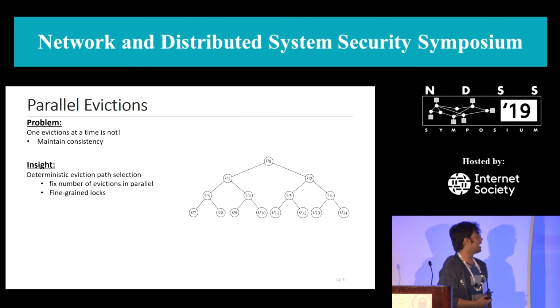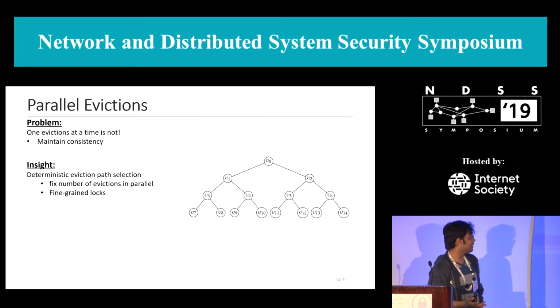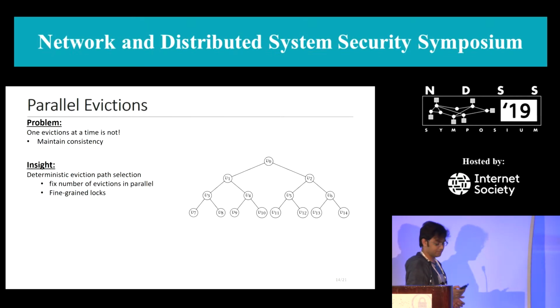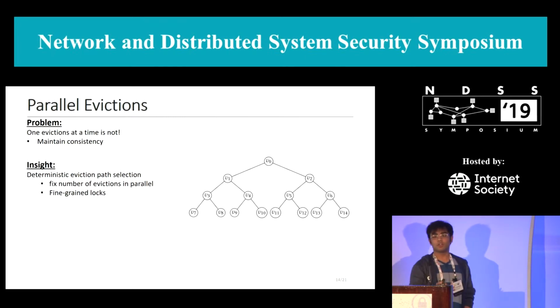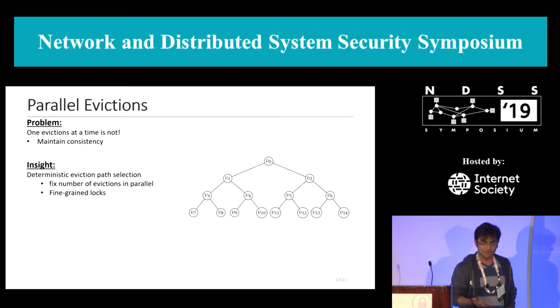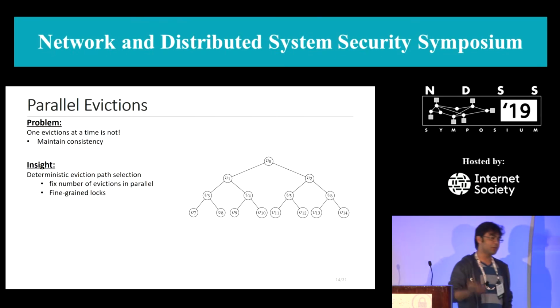So one solution we have here is we can perform multiple evictions, but of course this is not easy because evictions will overlap at some level. Eviction paths will overlap at some point of the tree, and consistency is going to be a problem. So one insight here is, I told you a little while before that you can select eviction paths deterministically. What this means is that you can also predict the overlaps between consecutive eviction paths.